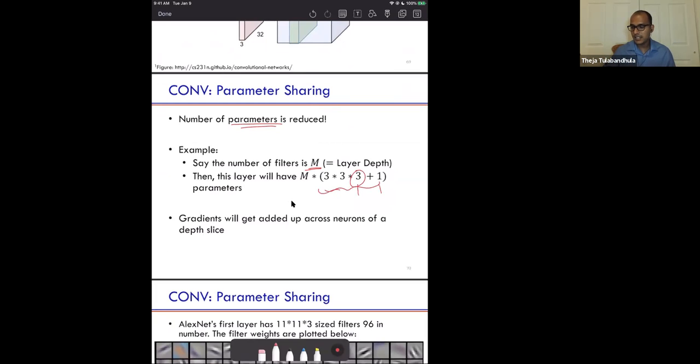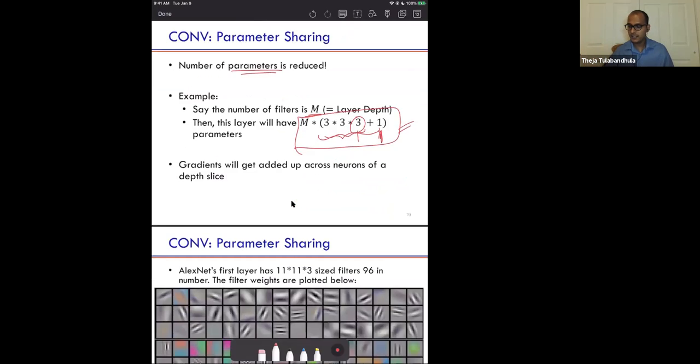So we'll have these many numbers for the filter tensor, and one for bias. So m times this is the number of parameters of the conv layer. Now we compare it to the number of parameters you would need if you had a fully connected layer. That would be vectorizing the input image, which would be 32 times 32 times 3, and then however many neurons you want in the output.